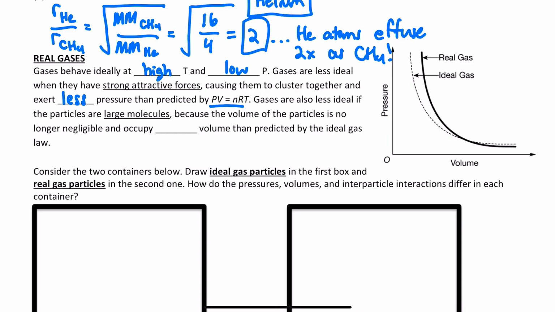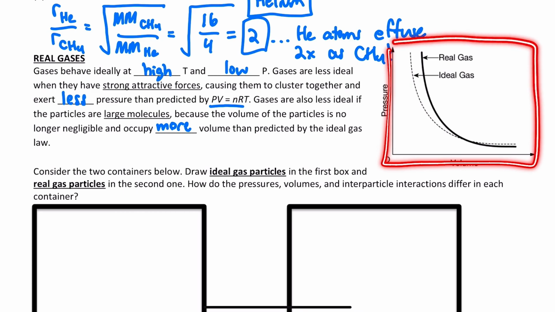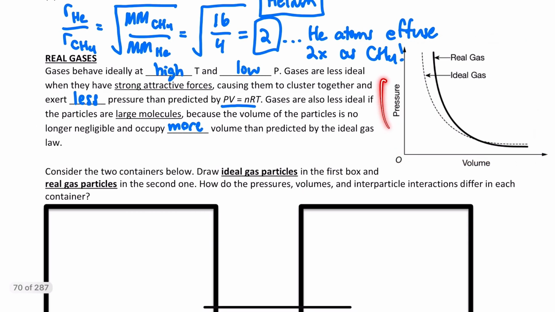The other deviation we see is that gas particles are less ideal if they are larger, because then the volume of those particles is no longer negligible and we observe more volume than what would be predicted by the ideal gas law. That's actually illustrated over here in this graph that compares the Boyle's law relationship, the pressure-volume inverse relationship, for an ideal gas versus a real gas.